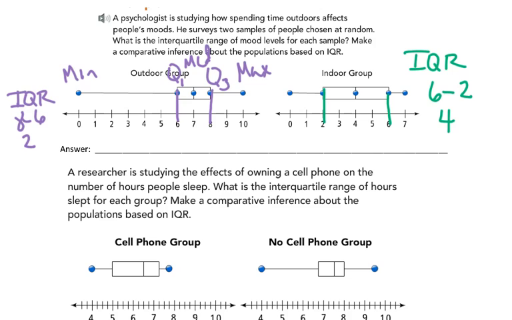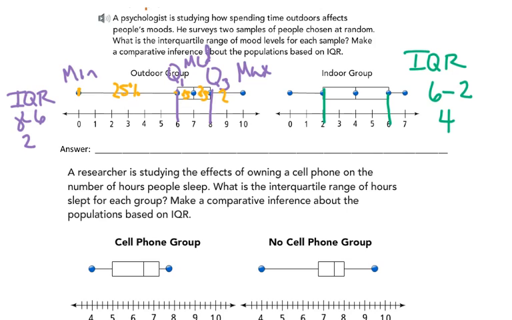A quartile breaks it up into quarters. So, if you take a look at the box plot, that means 25% of your data is from here to here, the min to Q1. And then 25% of your data is between Q1 and the median. 25% of your data is between the median and Q3.